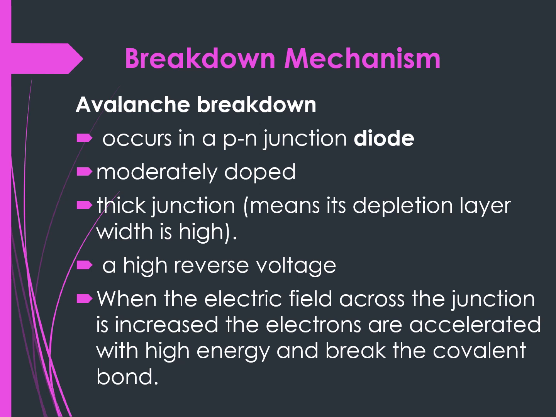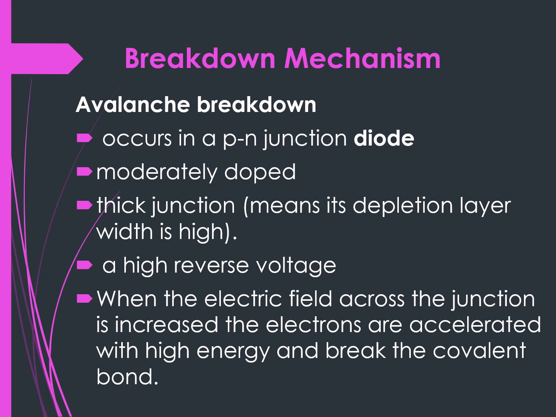So I'm increasing the reverse voltage, the electric field increases, then the electrons get accelerated. Once accelerated, they start breaking the covalent bonds, and thereby electrons are produced in a huge amount. This avalanche breakdown occurs when the width of the depletion region is large.